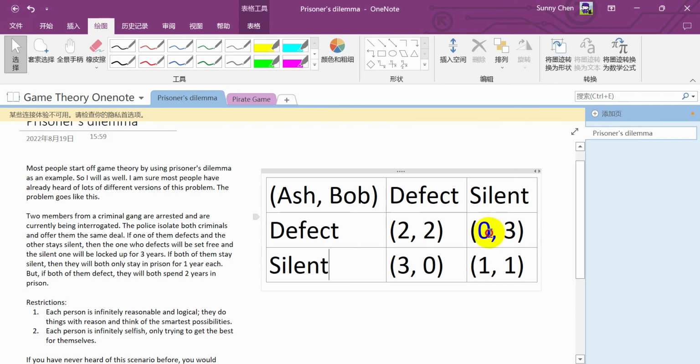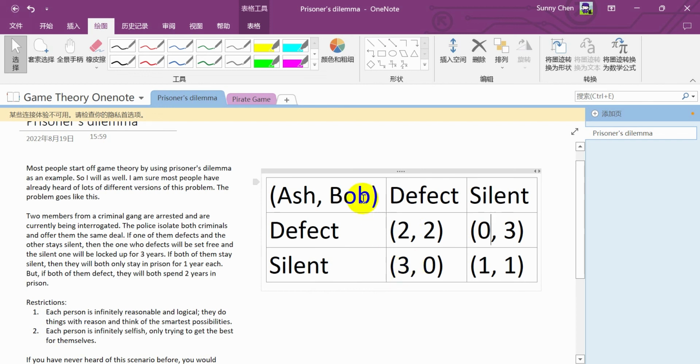Ash would choose to defect since he is selfish and would choose only his best outcome. So since 0 is less than 1, he would pick to defect. If Bob defects, then Ash still has the same two choices, defect or stay silent. We can tell defect is the better choice because 2 years is better than 3 years spent in prison.